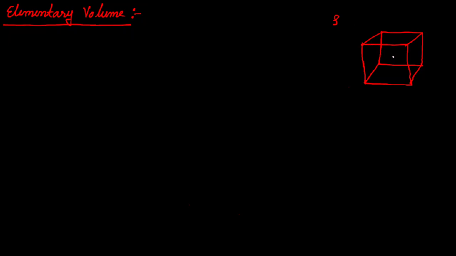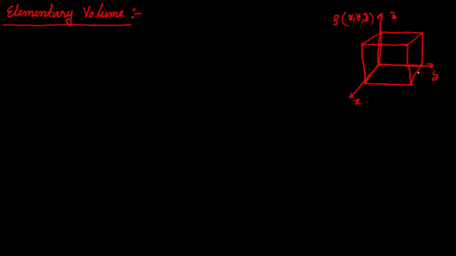Not uniform means it is not the same over all the space inside the volume. At different places the charge per unit volume is different. So in this case, let's say the coordinate system is set up like this, this is the x-axis, this is the y-axis, and this is the z-axis, then rho is a function of x, y, z. So at different points rho will be different, the charge per unit volume will be different.